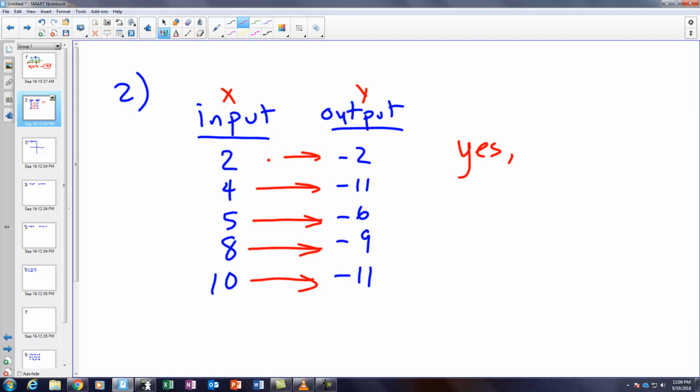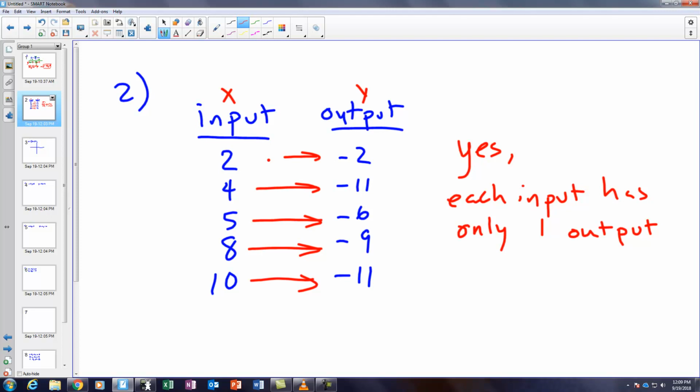And specifically, the reason why would be something along the lines of each input has only one output.